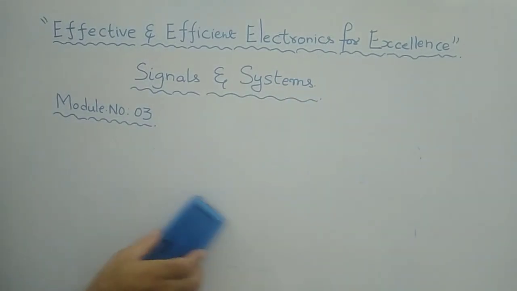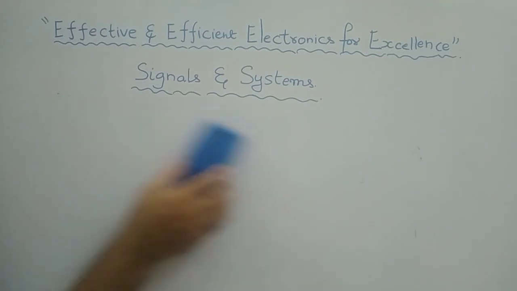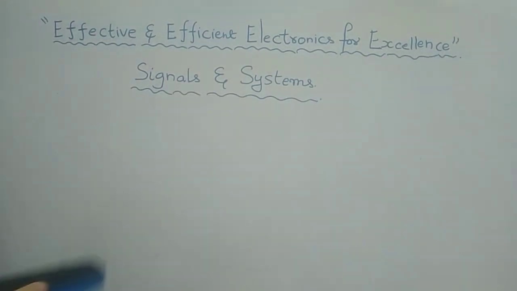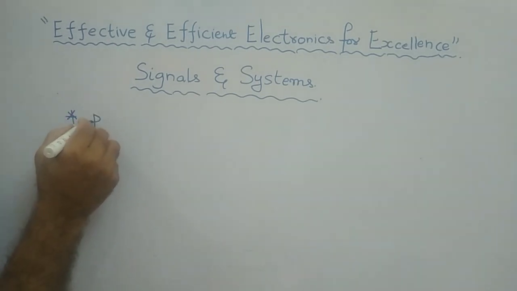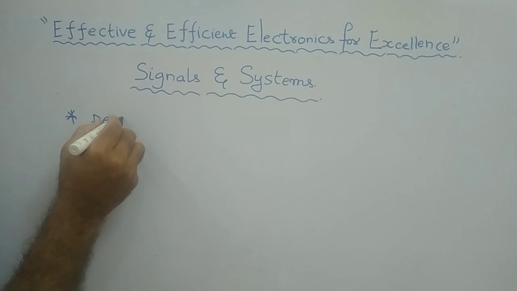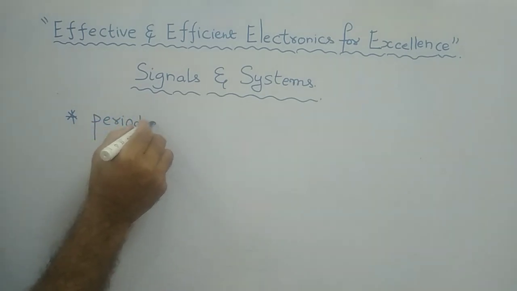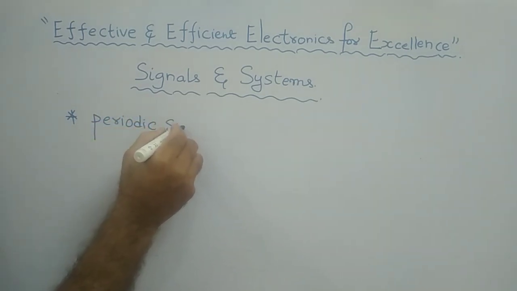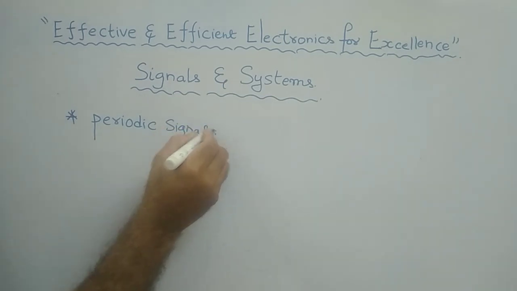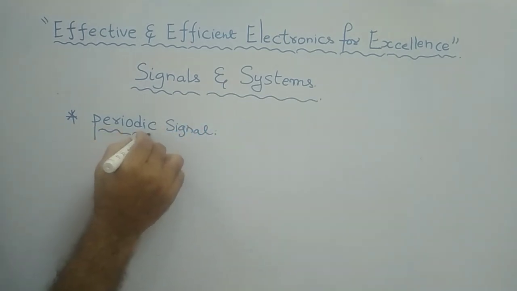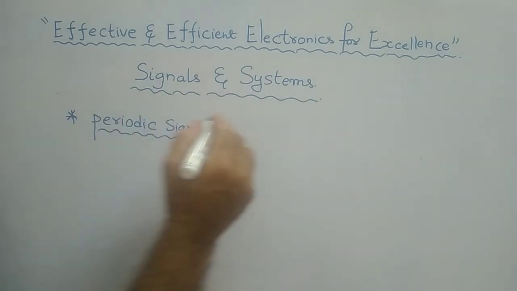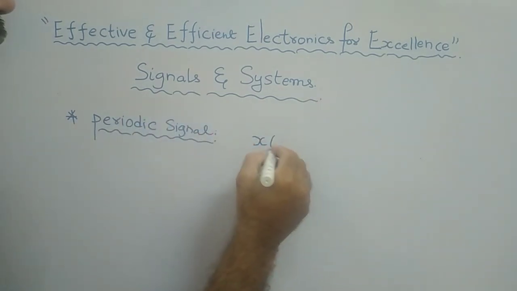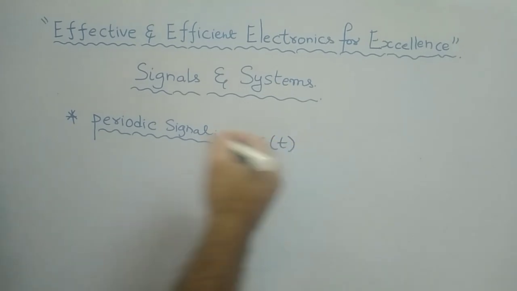So we will see the first classification of the signal, which is the periodic signal. What is a periodic signal? Any signal x of t, let us say x of t is any given continuous time signal.